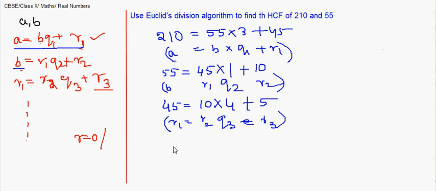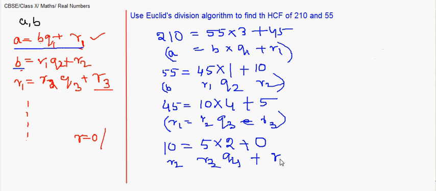We will now express R2, that is 10, in terms of R3, that is 5, and the Q4 becomes 2, thereby making the remainder 0. So here I am expressing: this is R2, this becomes your quotient 4, this is R3, and now the remainder is 0. This is R4.